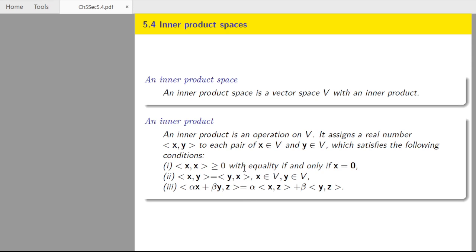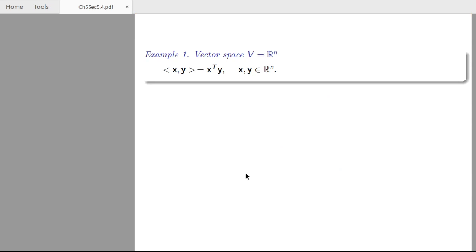Of these three properties, let me say the hardest would be checking the if and only if part. This sometimes is more complicated than the second and the third property. All right, let's take a look at example 1.